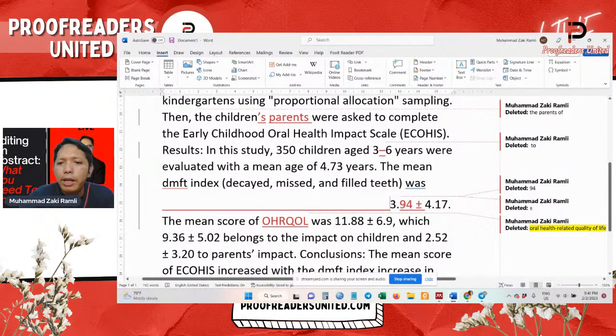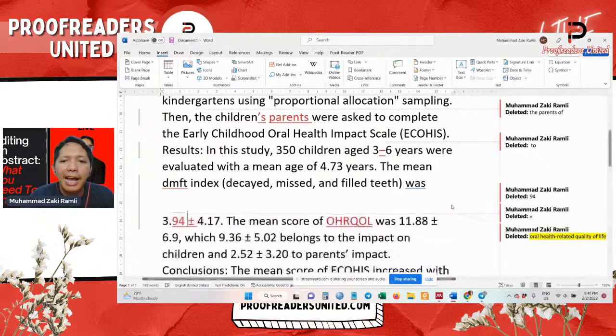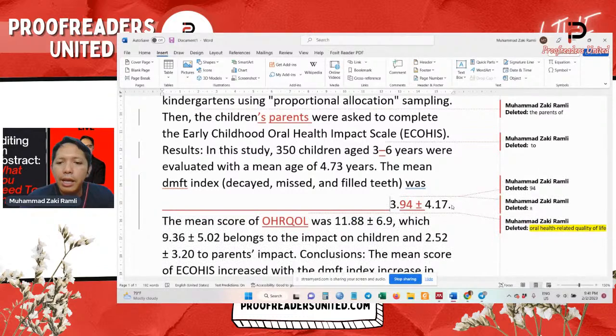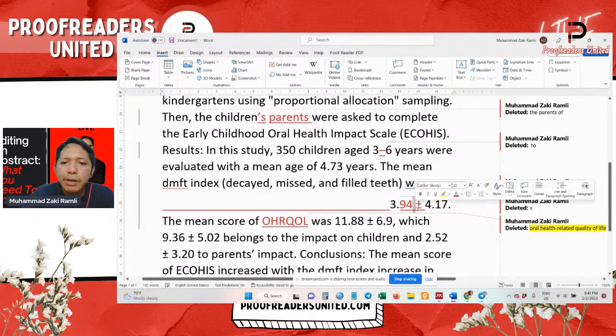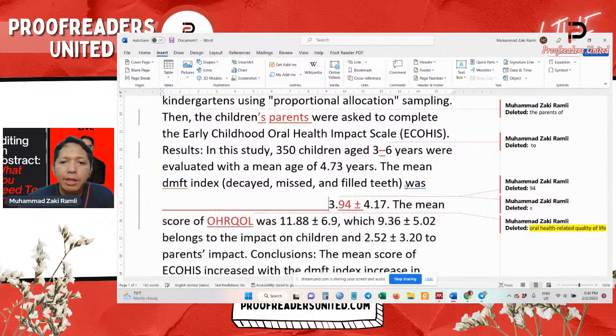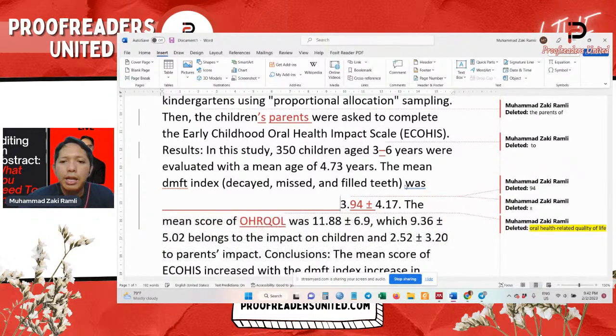This 3.94 plus minus 4.17 will not be broken at all, like this. Because why? Because this space and this other space are actually non-breaking spaces. So we will not see it broken anywhere.